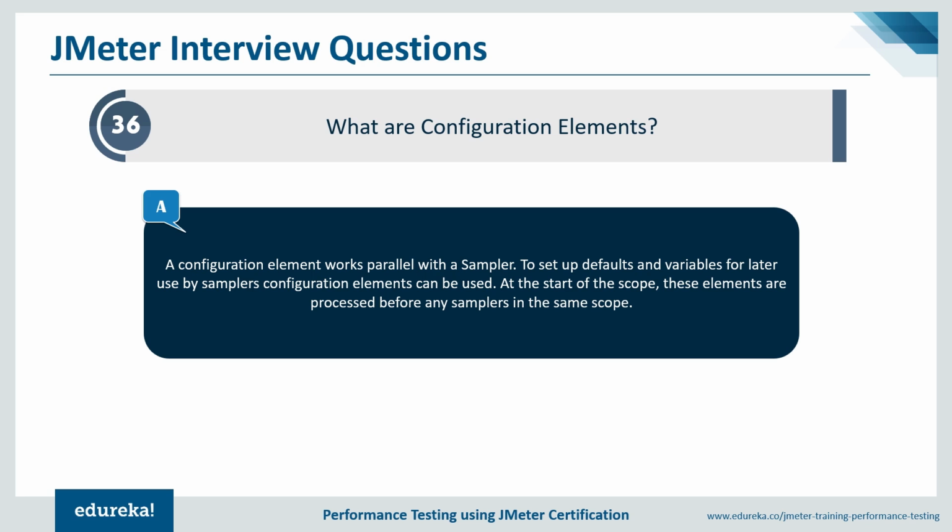So the config elements in JMeter are used to configure or modify the sampler requests made to the server. These elements are added at the same or higher level of the samplers that we want to configure. Some of the configuration elements in JMeter include the CSV dataset config, the HTTP cache manager, HTTP cookie manager, user-defined variables, random variable, and quite a few more.